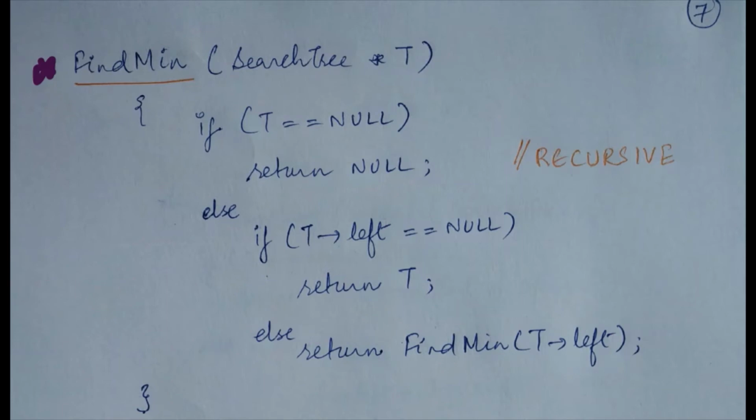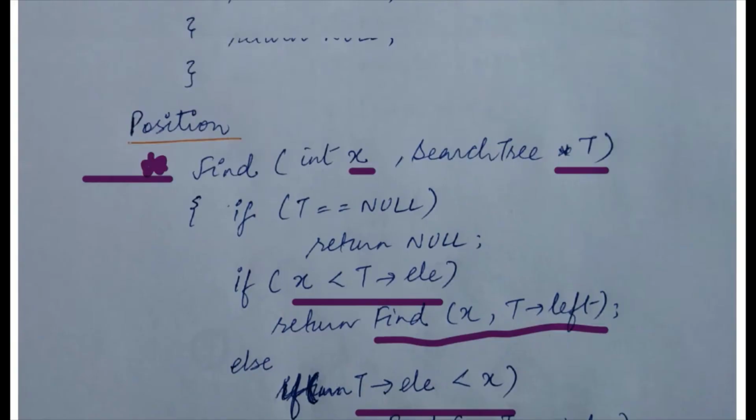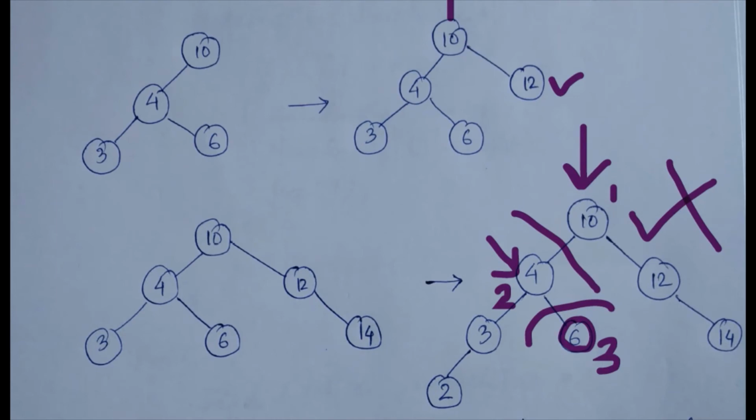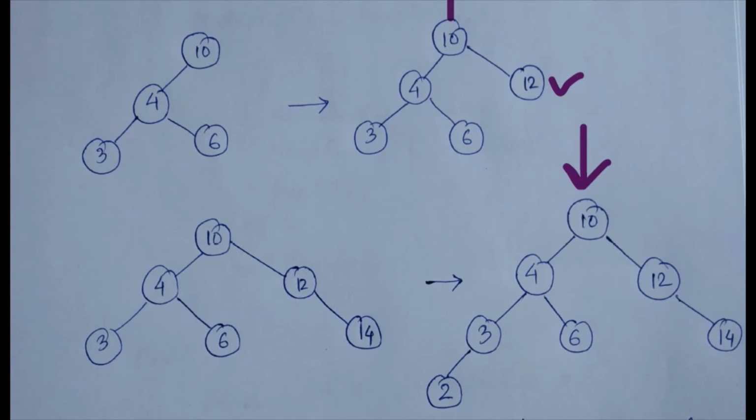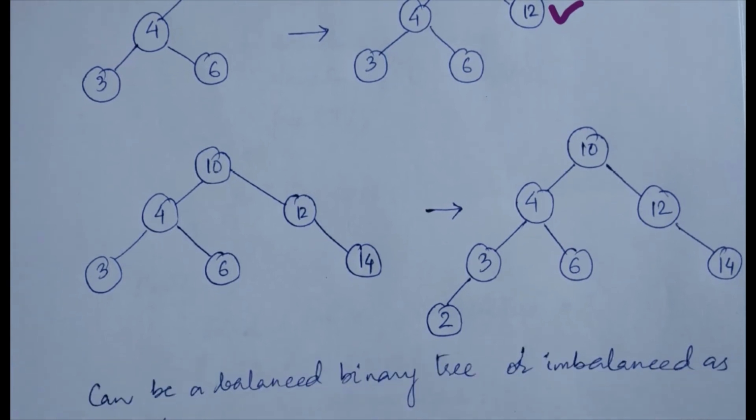Now if you look at your trees, let's go back here. Okay, so this is your search tree. If I try to put -1 next, -1 is less than 10, it's less than 4, it's less than 3, less than 2, so it will be on the left side.